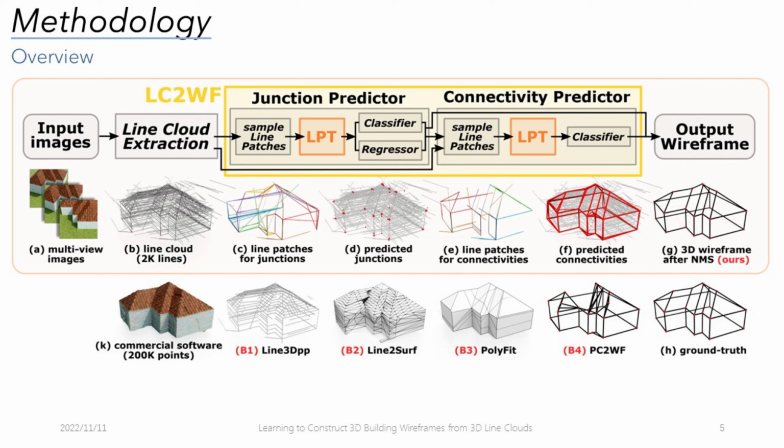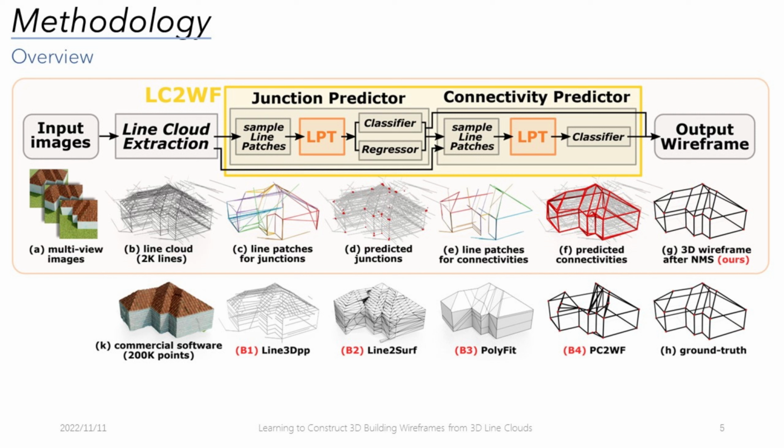Specifically, first, we sample some line patches from the input line cloud, as shown in C or E. Then, the line patch transformer takes the sampled line patches as input and extracts the feature of each patch. At last, we feed the feature of each patch to the classifier or regressor.